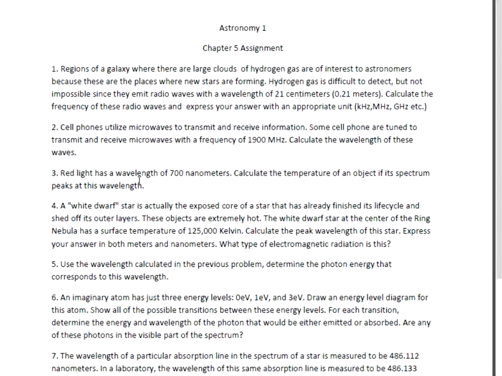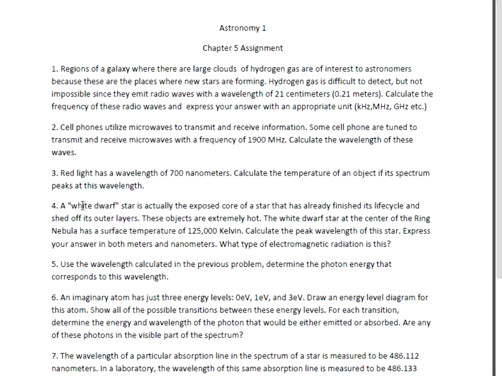Now we're talking about a star which is at 700 nanometers. I just left it general as an object, but there are many stars out there which have their blackbody spectra peak at 700 nanometers. So this is very relevant to studying stars.